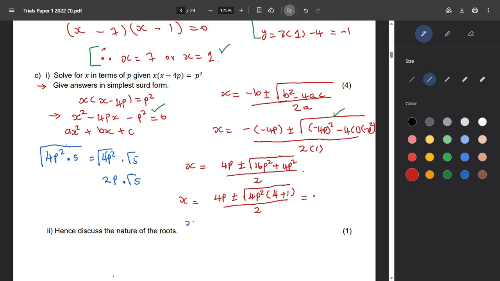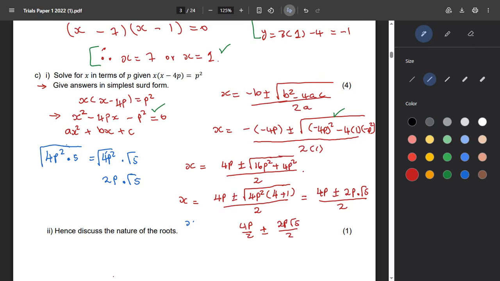What will x be equal to? So x will be 4p plus or minus 2p times root 5, because I just simplified the square root, over 2. Can you please allow me to say this is 4p over 2, plus or minus 2p root 5 over 2.